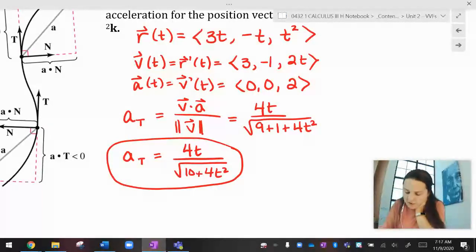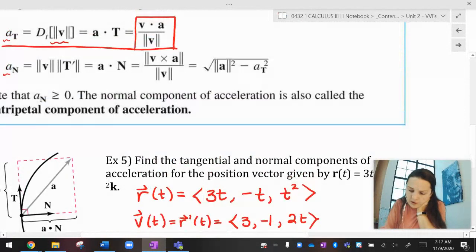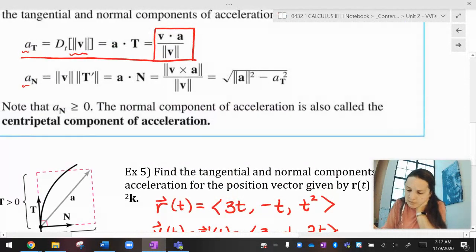So now let's find out the normal component of acceleration. Okay, so I got a bunch of options here. I could, if I wanted to go with vector form, do v cross a divided by the magnitude of v. Or I could do the magnitude of a squared minus the magnitude of a sub t squared. You know what?